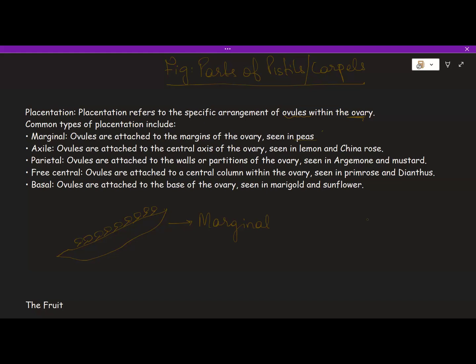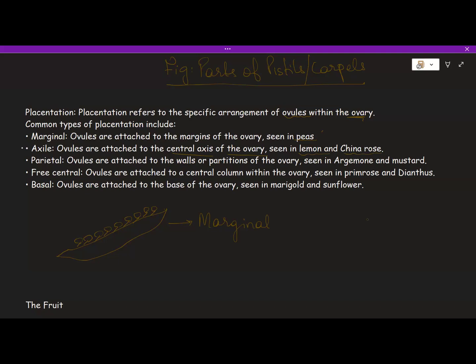Now, the second type is the axile kind of placentation. Axile placentation is when the ovules are attached to the central axis of the ovary, such as in the case of lemon and China rose. If I talk to you about the lemon, let's remember how the seeds are present inside the lemon.